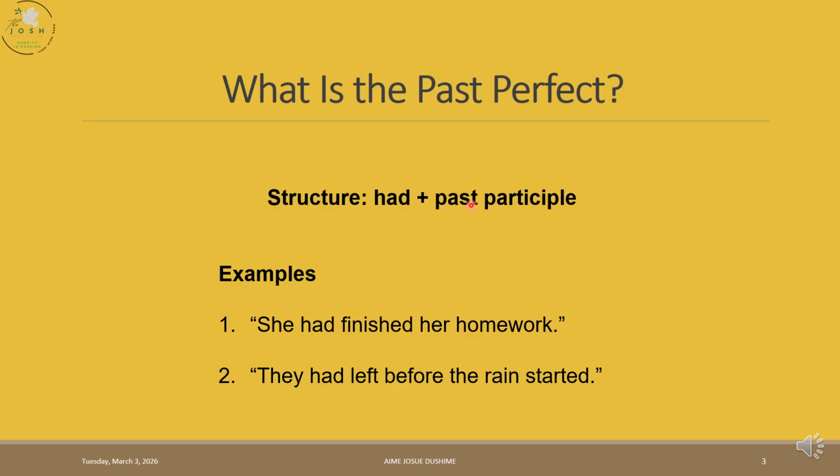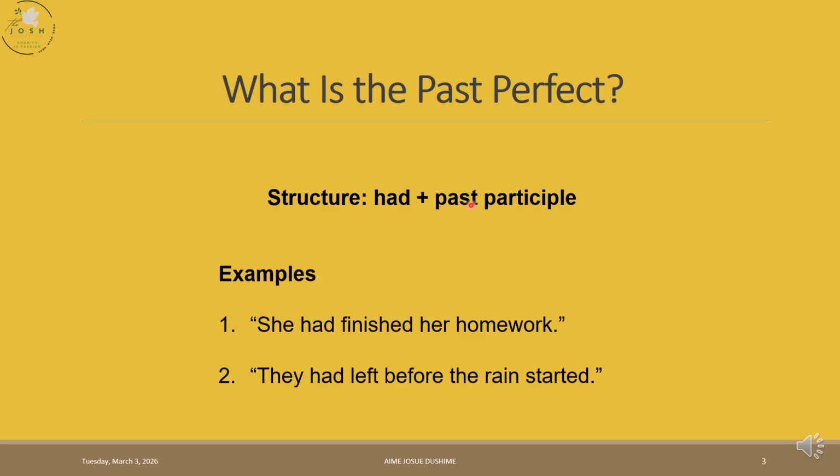If I say, for example, do, V1 is do or does, V2 is did, V3 is done. If I say eat is a V1, ate is a V2, eaten is a V3, like that, and other verbs. Remember, we have regular verbs and irregular verbs. Regular verbs have the ed rule.